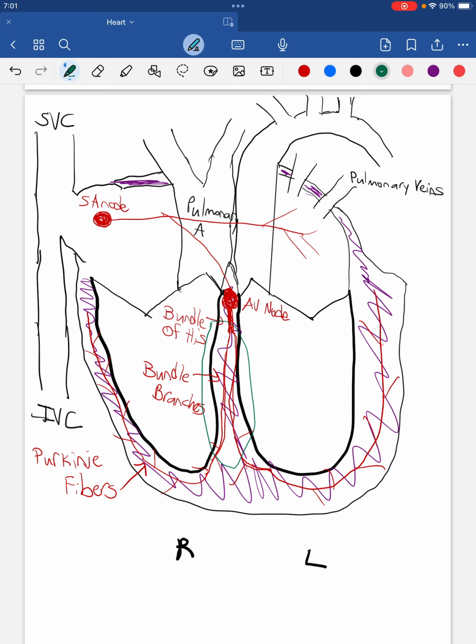These electrical impulses are sent down and around, so the ventricles are squeezing in this way, and also up this way to squeeze all the blood through either the pulmonary artery from the right ventricle or the aorta here from the left ventricle. They want to try to squeeze as much of that blood out as we can.